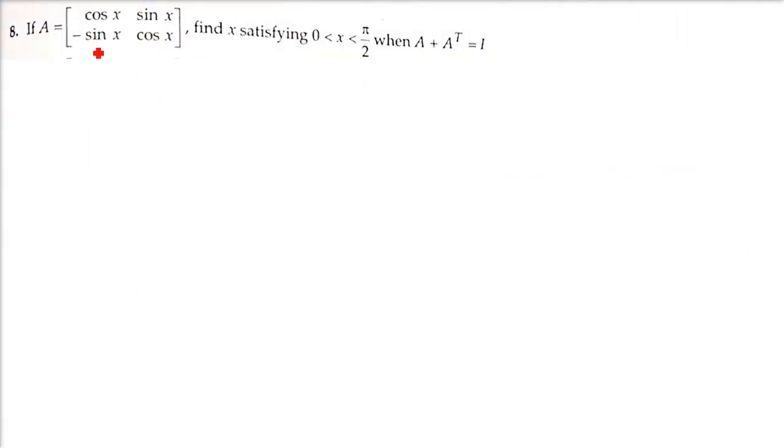If A is this matrix, find X, satisfying that X should be between 0 and 90 degrees, 0 and pi by 2, when A plus A transpose is equal to I, the identity matrix. So I is identity matrix. So let us add it. A matrix: cos x, sin x, minus sin x, cos x.